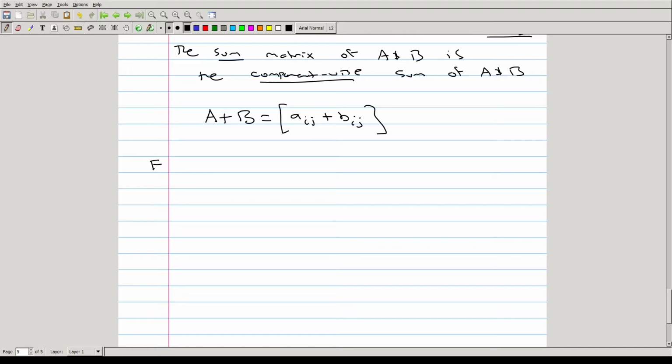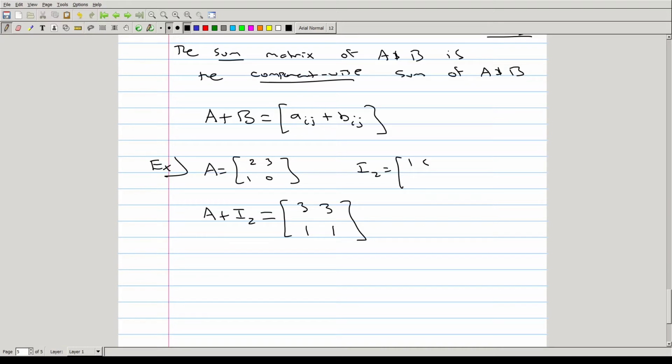So just for example, if A is 2, 3, 1, 0, and we talk about doing A plus I2, this is going to be the matrix 3, 3, 1, 1. Because remember, I2 is the matrix 1, 0, 0, 1.